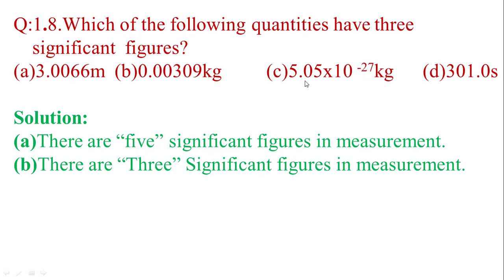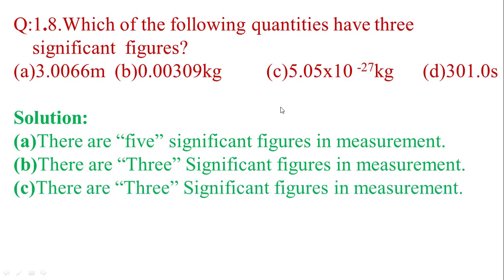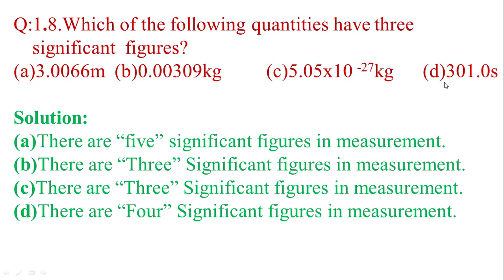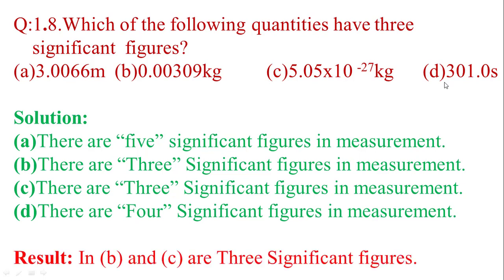Here 5.05 has three digits, so there are three significant digits in this measurement. And in the last part, 301.0, 1, 2, 3, 4, so there are four significant digits in this measurement. Result: B and C have three significant figures.